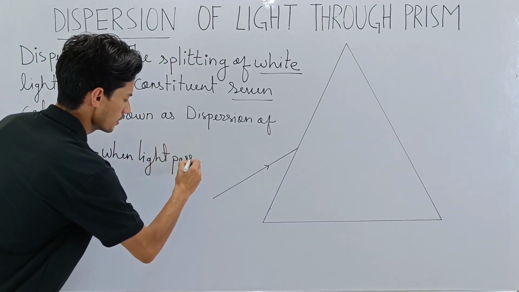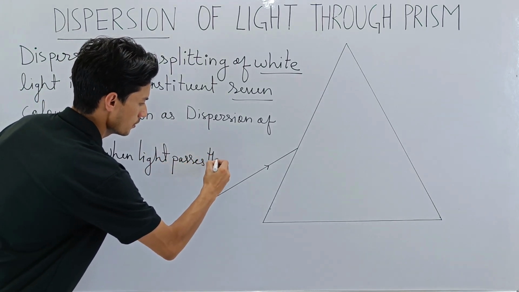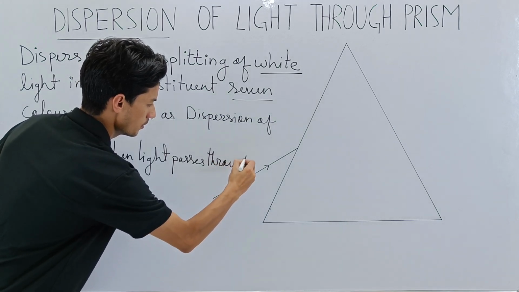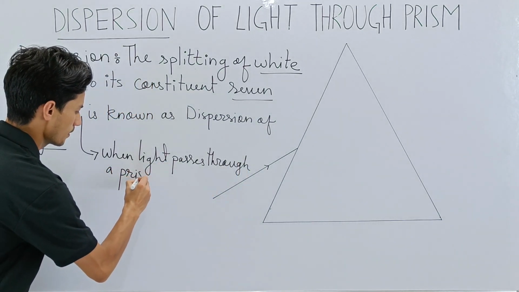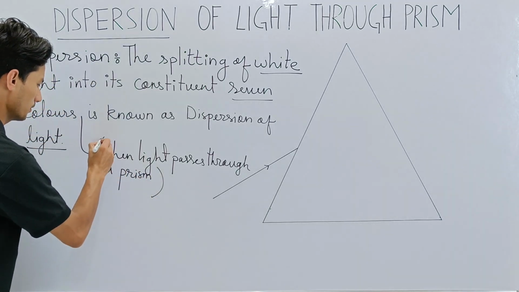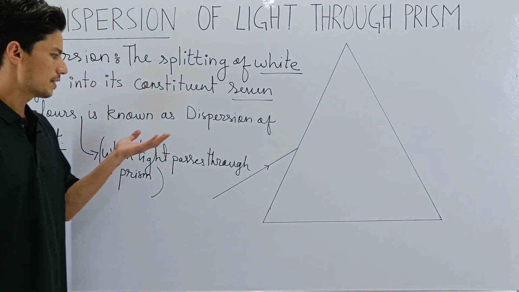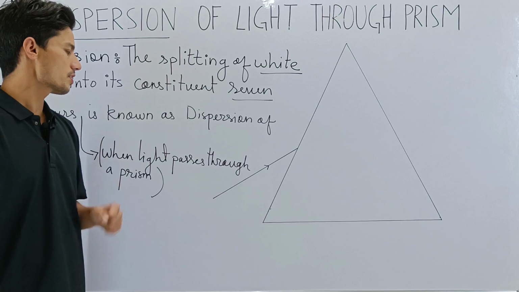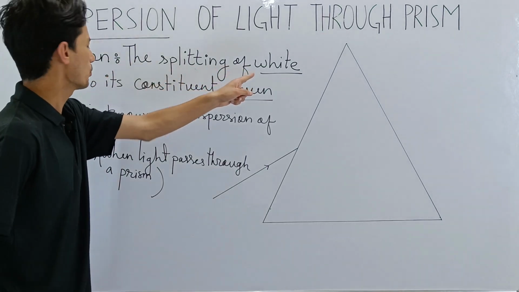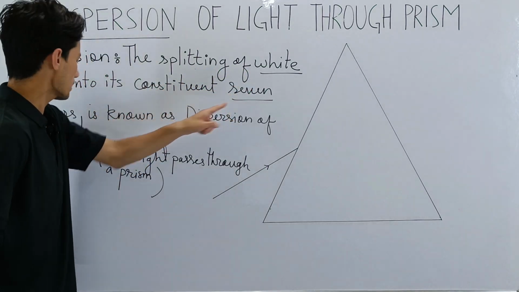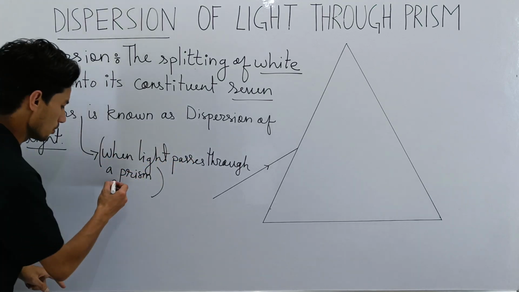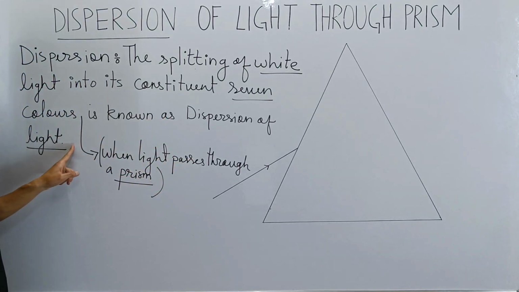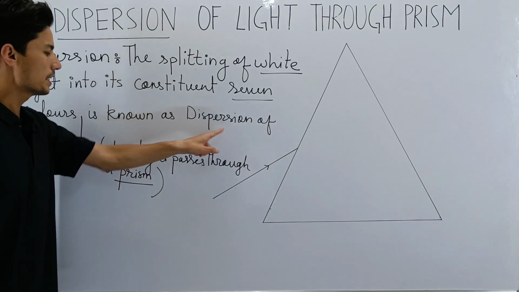We can also add this, a slightly longer version of the definition: the splitting of white light into its constituent 7 colors when light passes through a prism is known as dispersion of light, is known as splitting of light.